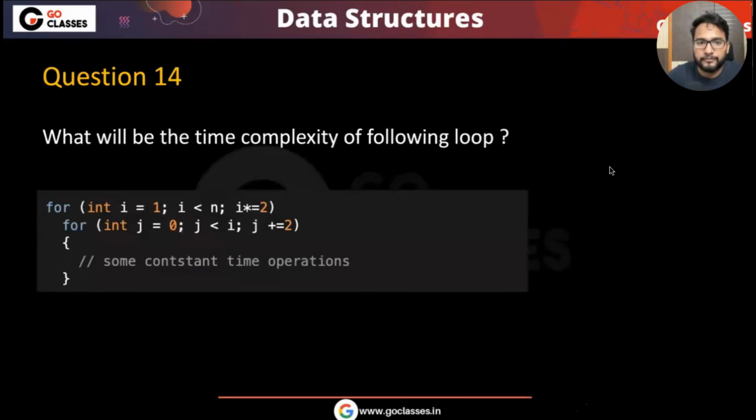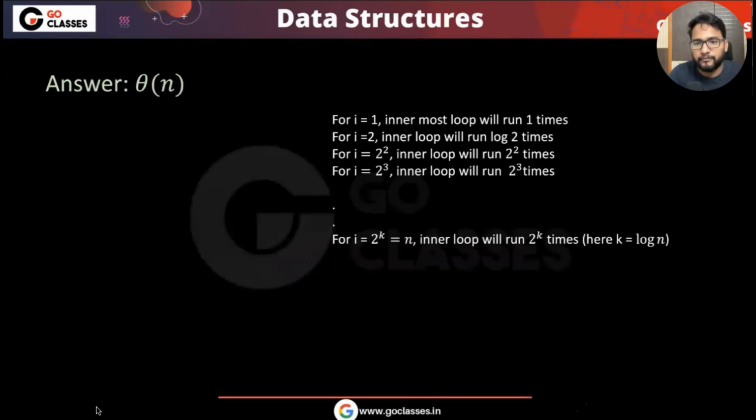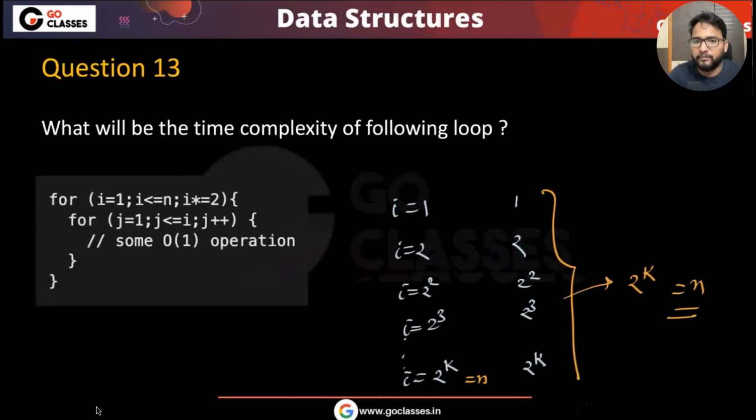Let's see this question. Let me know if the earlier question was clear. If it is not clear, then I can just go through it again. But I think that is okay, right? I mean, for i equal to 1 time, 2 times, 2 square times, 2 cube times, right? And then you need to add all of this.